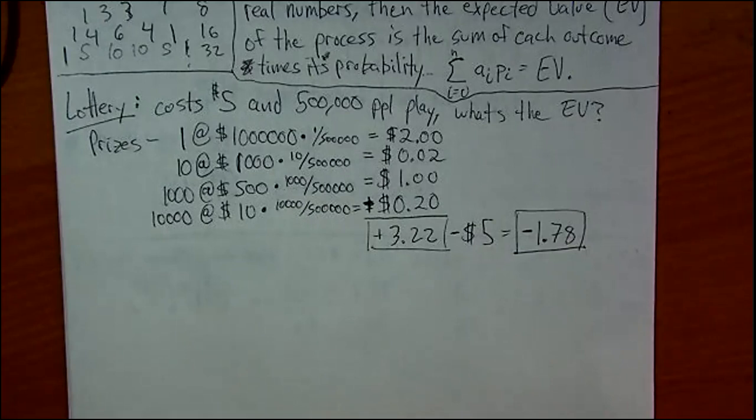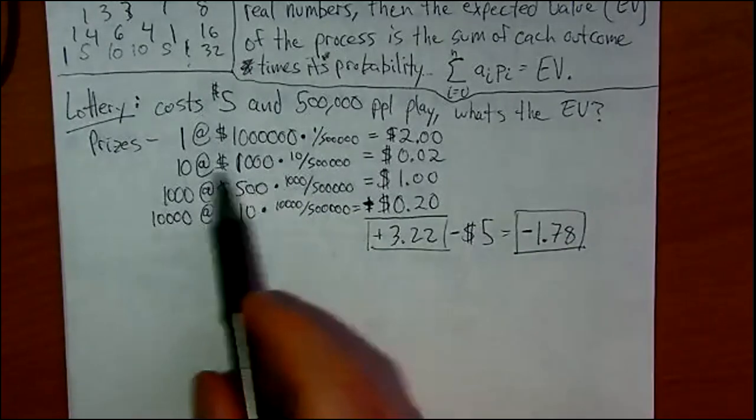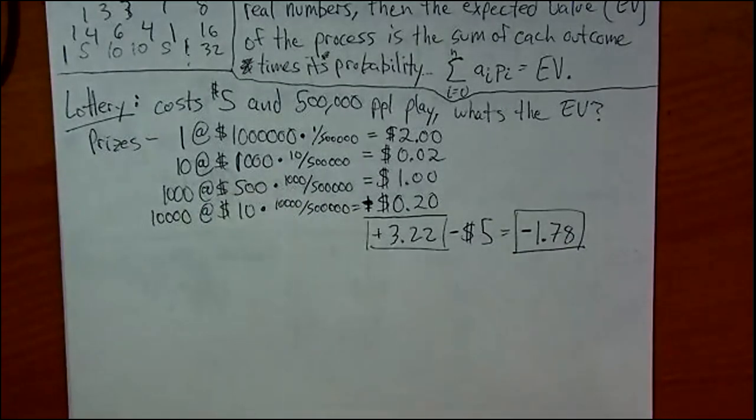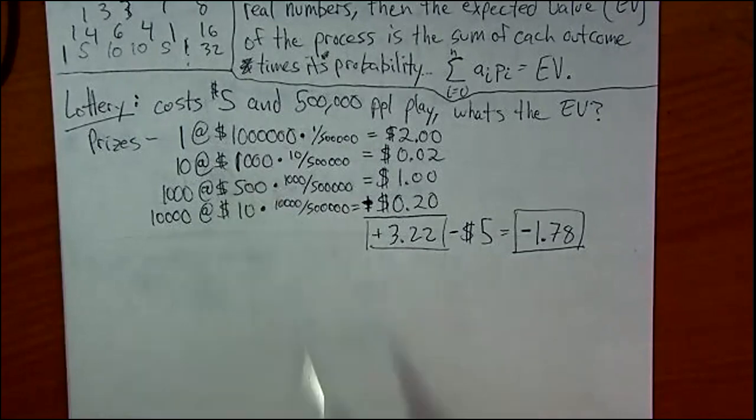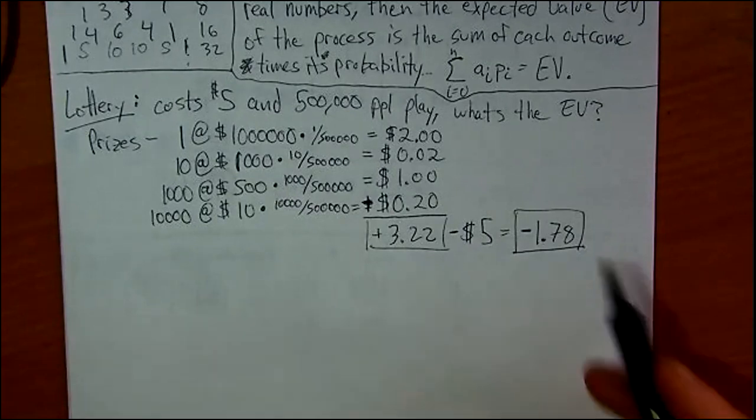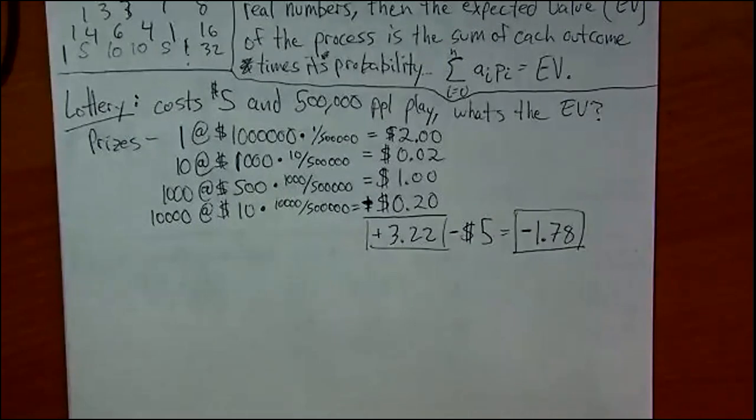Of course, if you buy 10 tickets and you win one of the first place prizes and nothing else for the sake of argument, then you're going to make a bunch of money, right? Because you spent $50 and you made $1,000, so you made $950. That's possible. It's just not expected. What's expected is that for each ticket on average, you're going to lose $1.78.